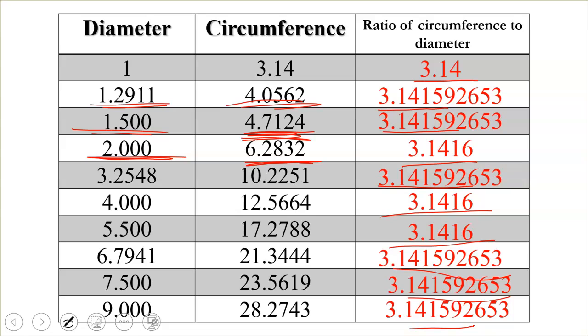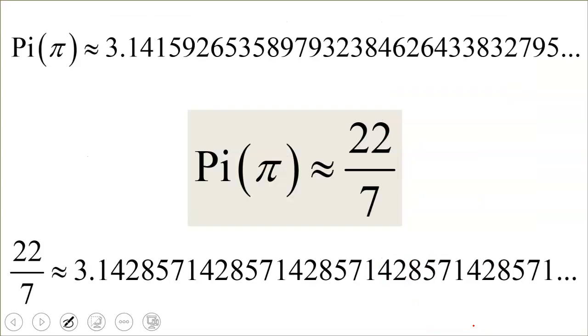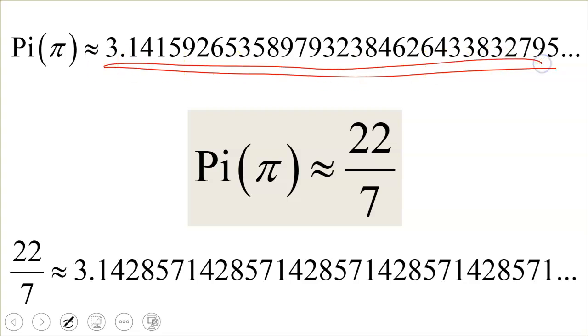If you generate this value in more decimal places, you realize that you get decimals which continue without terminating or repeating. So this value is a constant, and for any circular object you pick, if you divide the circumference by the diameter of the same object, you end up getting this kind of value. You understand?